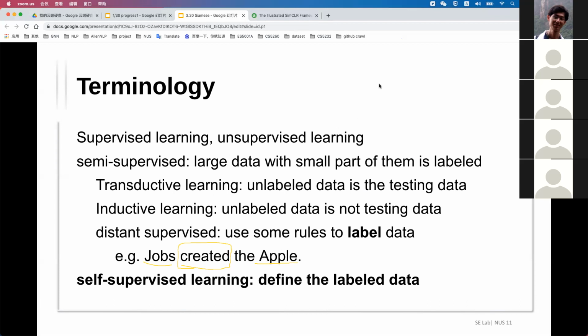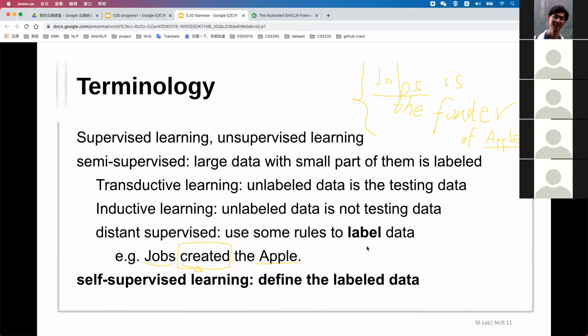For example, in the dataset you also have a sentence like 'Jobs is the founder of Apple'. This is unlabeled, but you find that this sentence also contains the entities Jobs and Apple. So you think this is also labeled data for 'created'. So you can use this example to train the 'created' relation.